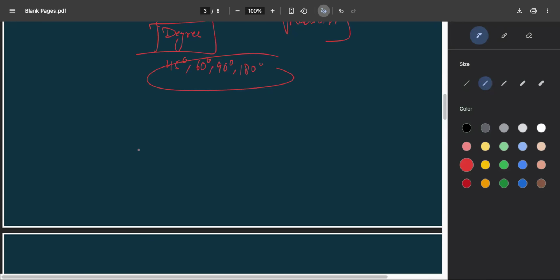By convention, 180 degrees is equal to pi. Now you will say, sir, what is pi? We are well aware that pi has a value of 3.514, which is approximate. In general, it can be written as 22 by 7. This is the value of pi, right?